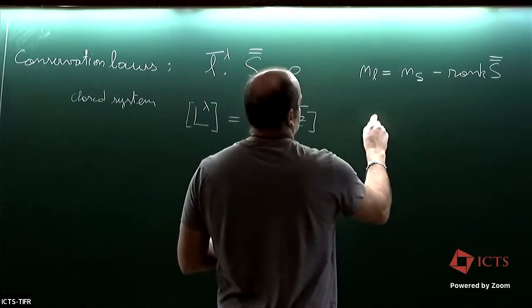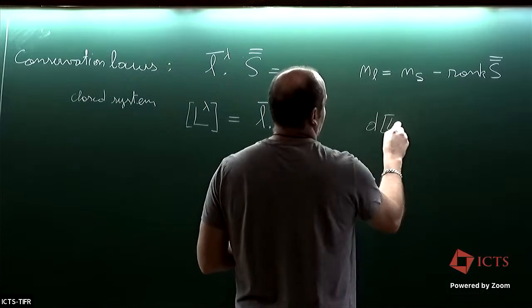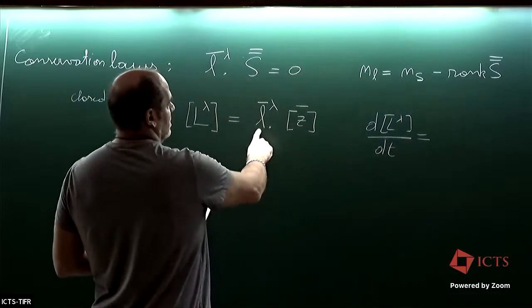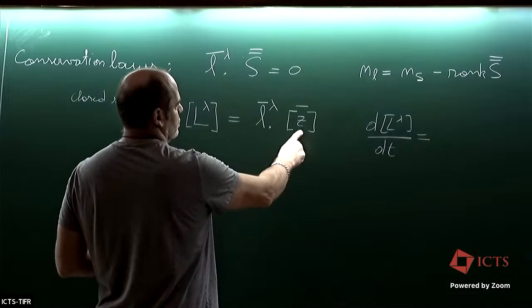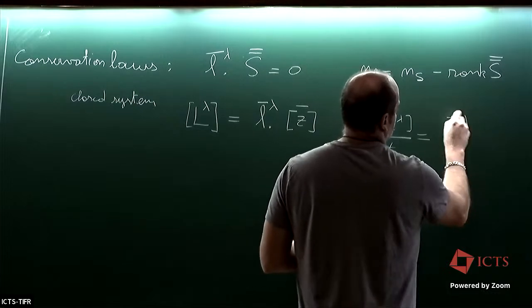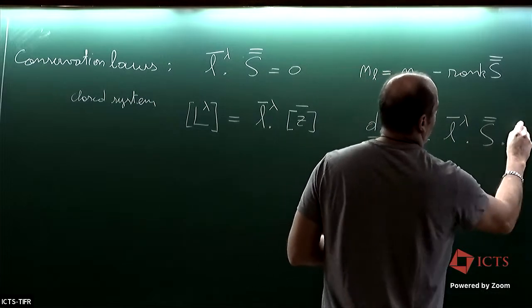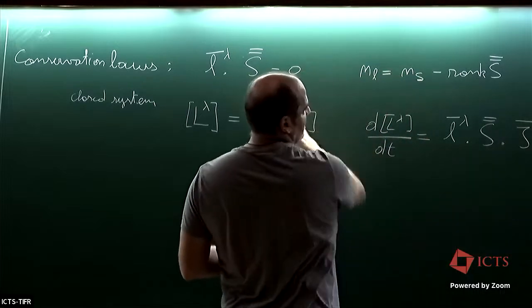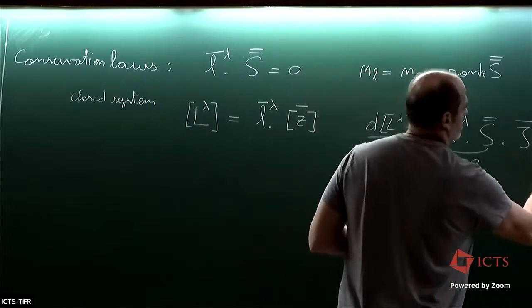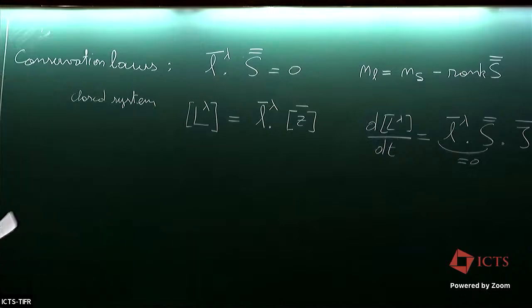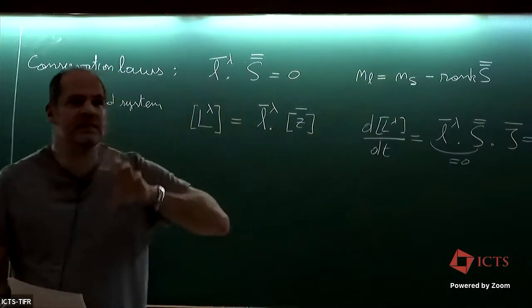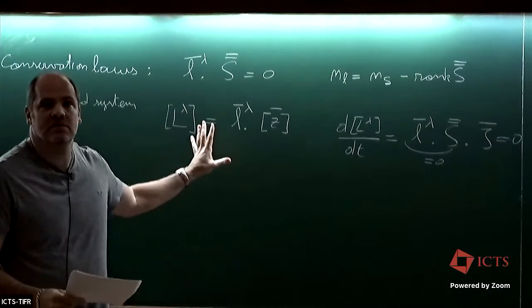And this is conserved because if you take the time derivative of L lambda, L is independent of time, so it acts directly on the concentration. So the derivative of Z is S times the flux. So you get this. And we just said that the definition of L is that it's a left null vector, so this is 0.